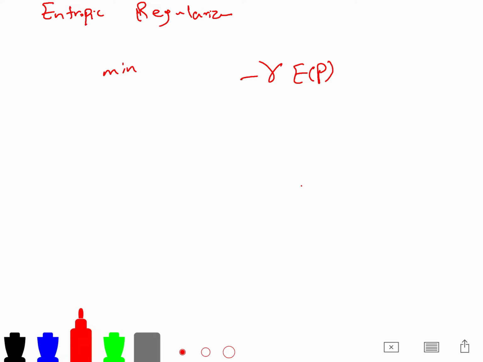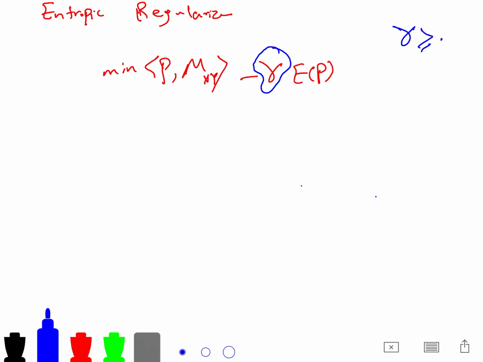So again, your Wasserstein distance is the inner product of M and P, but you add this regularization term, gamma, which is greater than or equal to 0. Note that the unique optimal solution happens because of the strong concavity of this entropy.